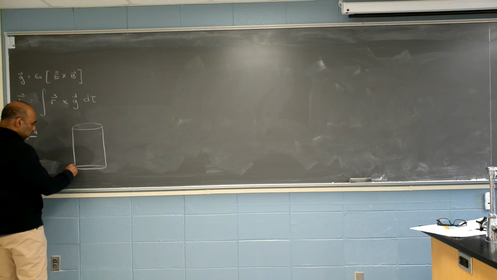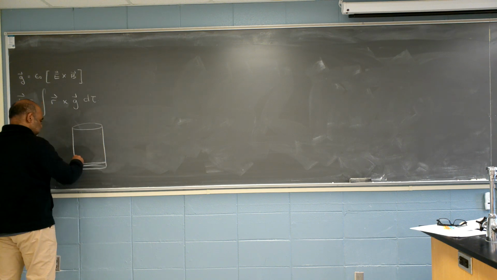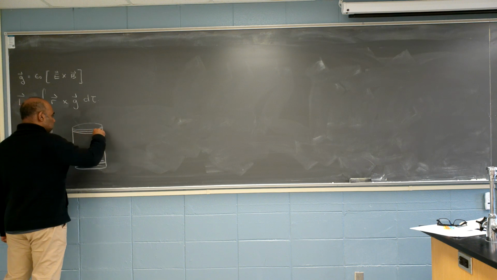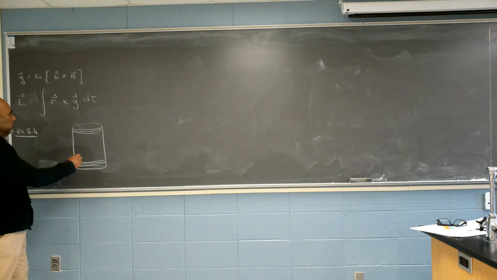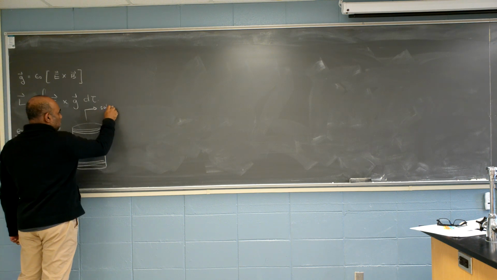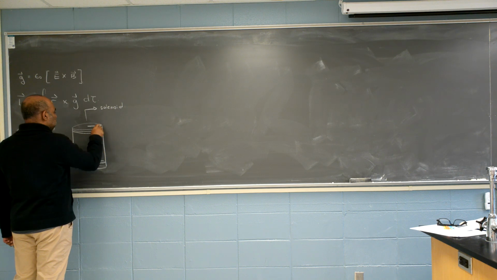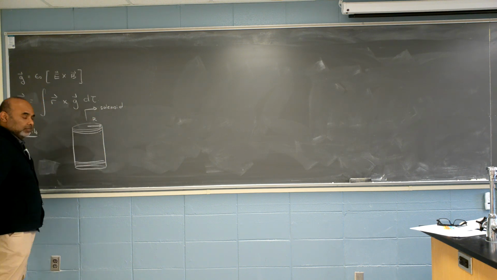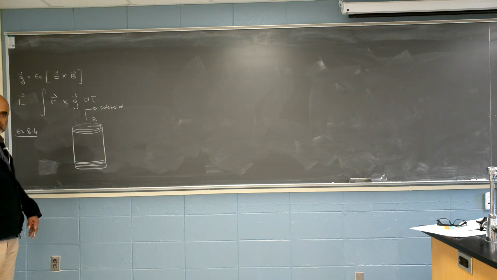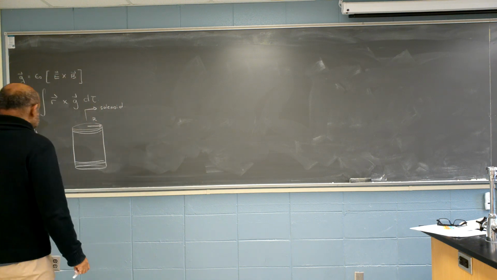To show that it's a solenoid, I'll show the windings, not all of them. So this is a solenoid. This has a radius of R. All of these things are very long, although I'm not going to draw it that way.